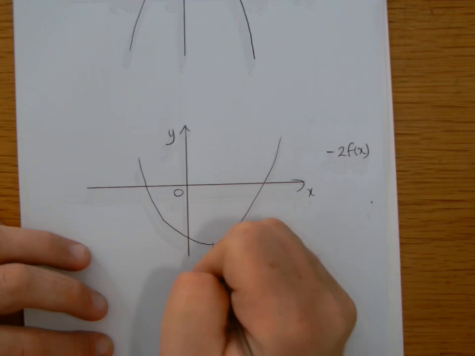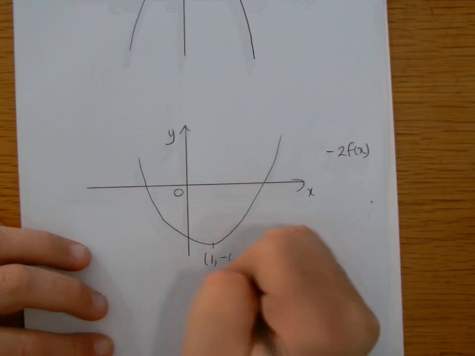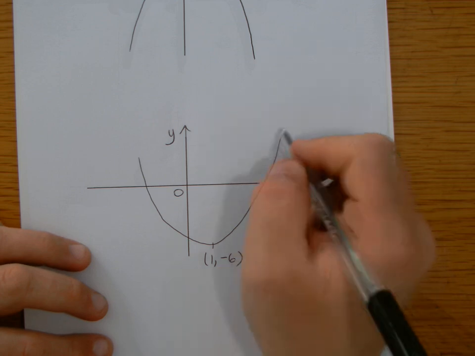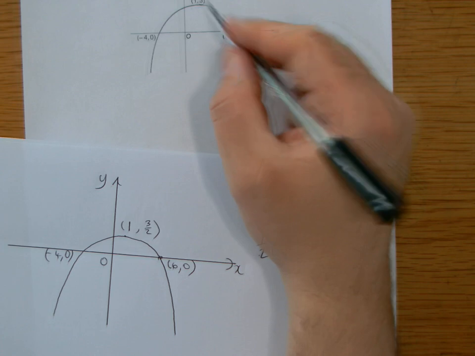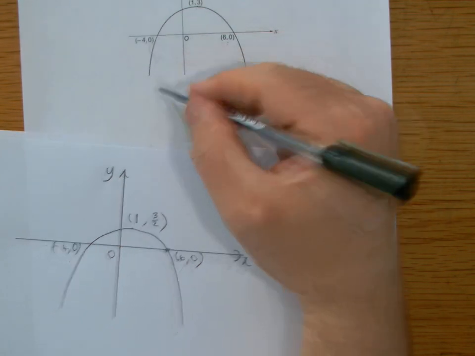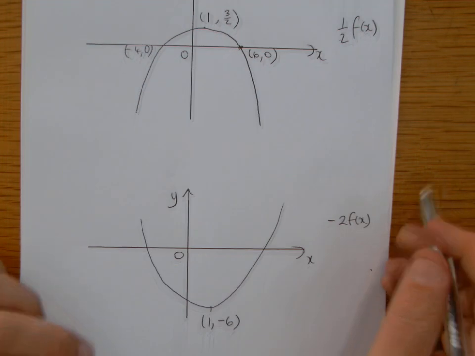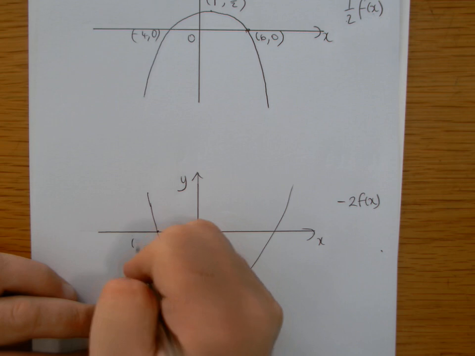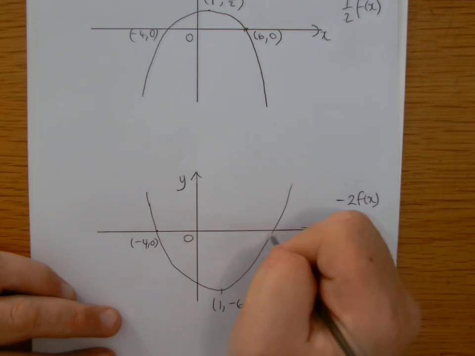The x value stays the same, but the y value becomes minus 6. All the positive parts of the curve become negative because you're timesing it by a minus, and the negative parts become positive because you're timesing it by a negative, etc. So the graph actually flips, but the x values stay the same.